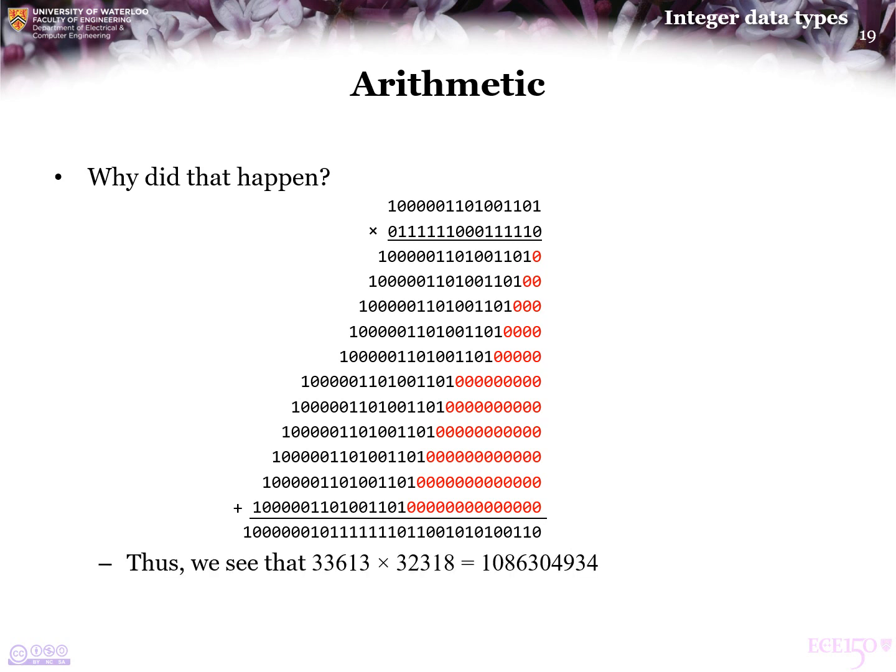Now you notice that the product of these two numbers is 1,086,304,934. But we had printed to the screen 45,734. Notice that the actual result is equal to a multiple of 2 to the 16 plus the result we saw, 45,734.